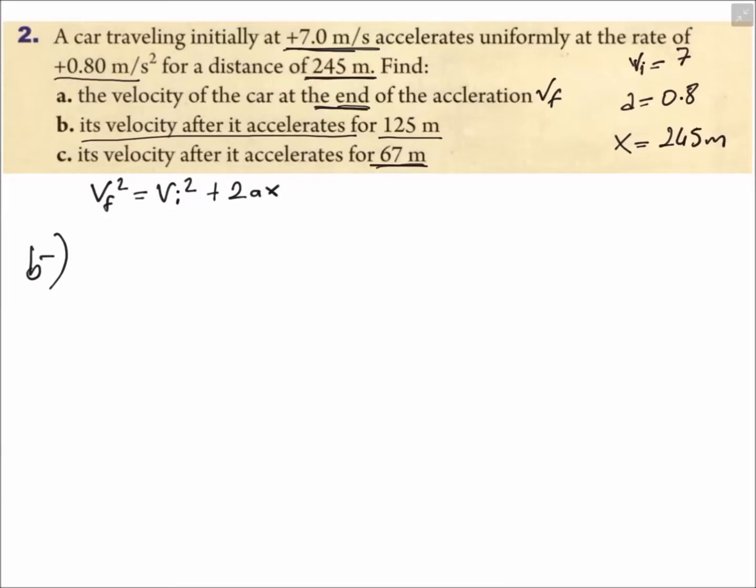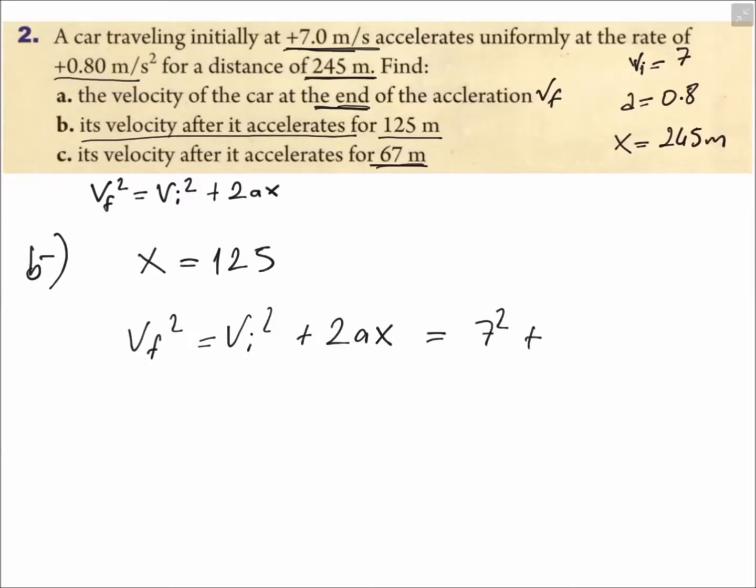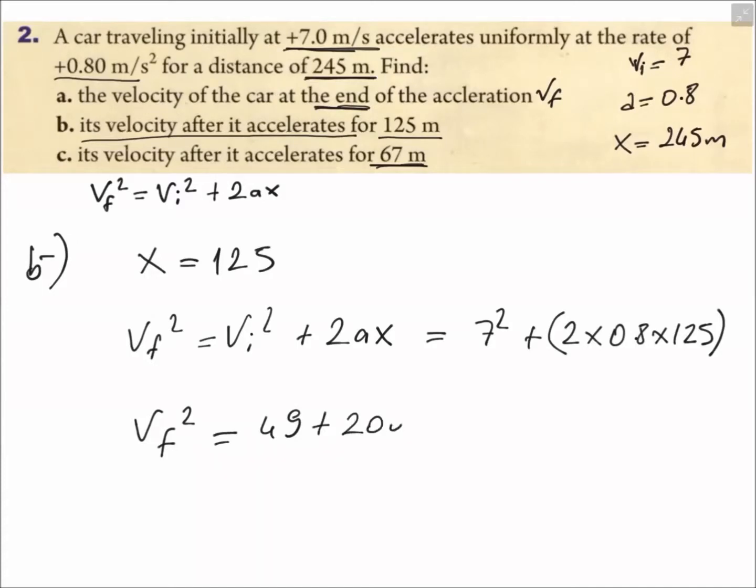At B, I will use the same formula, but for B, x is equal to 125. V final square equals V initial square plus 2ax, and the V initial again is 7 square plus 2 times a, which is 0.8, and now x is 125, and the V final square is going to be 49 plus 200.